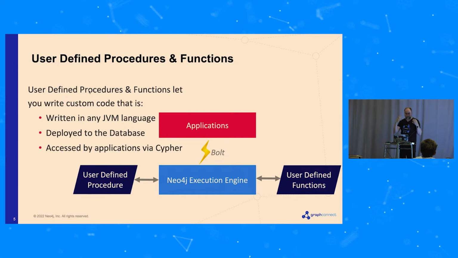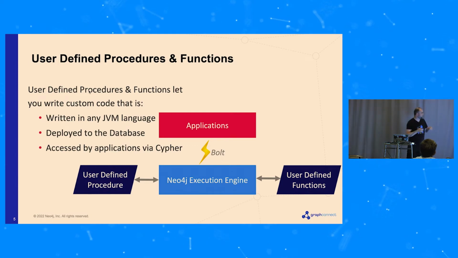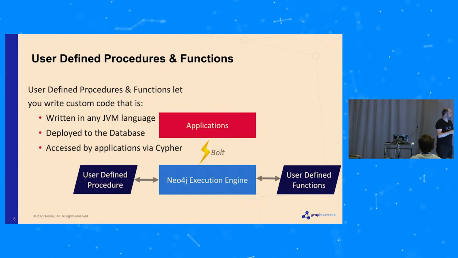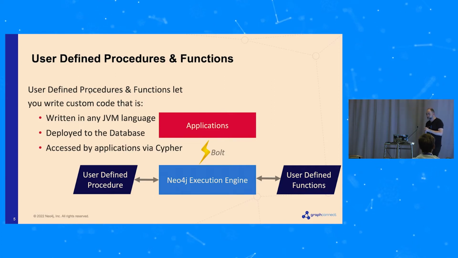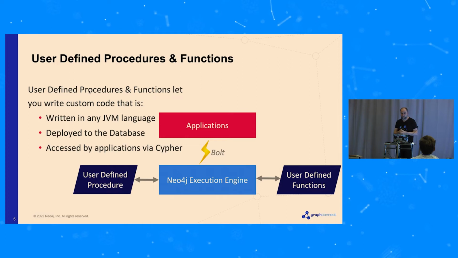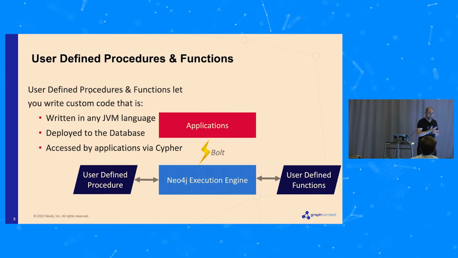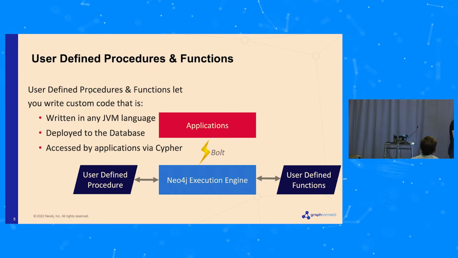So you use that API to the Neo4j execution engine, provide your extensions in the form of user-defined procedures or functions, and then they are available within your Cypher queries, right? So that's one of the benefits that we had with user-defined procedures since day one.